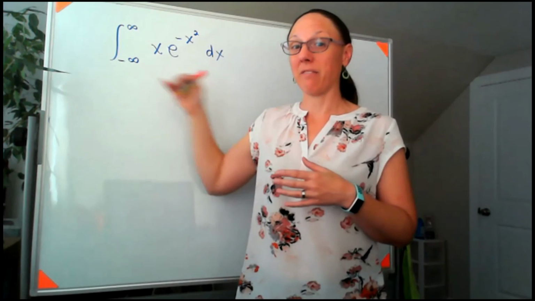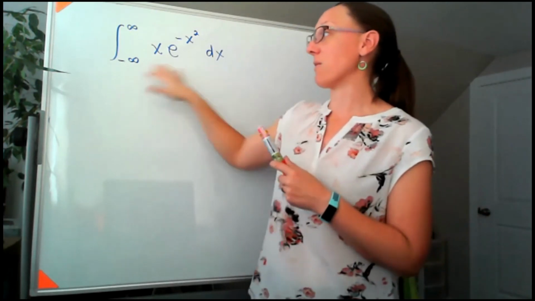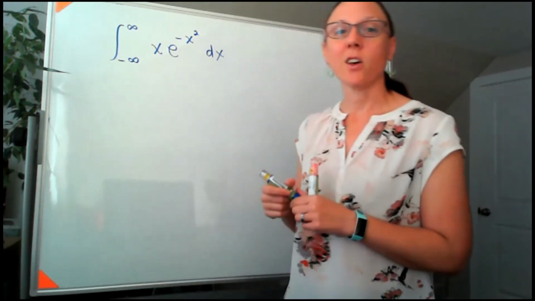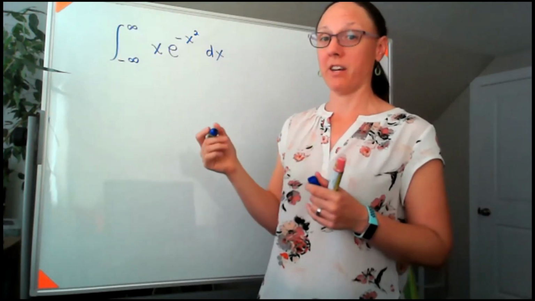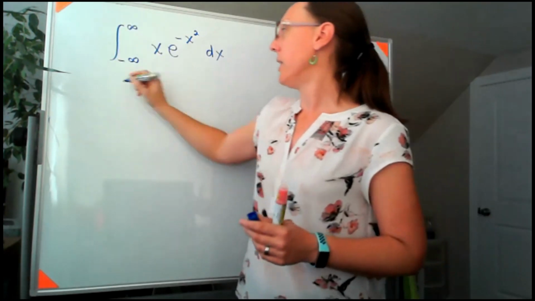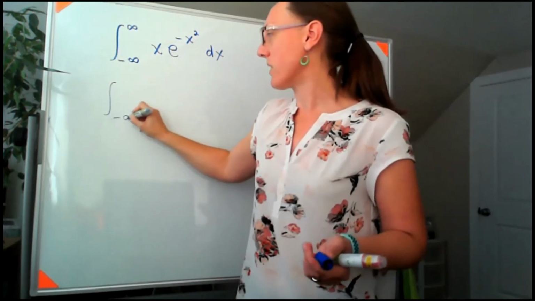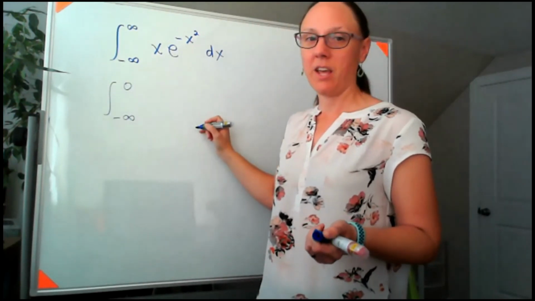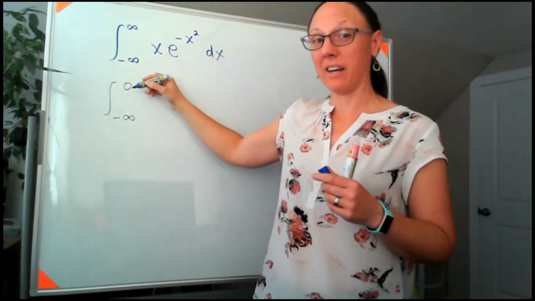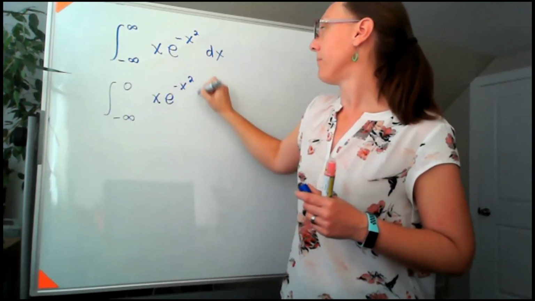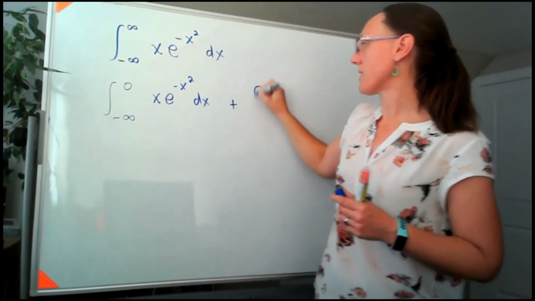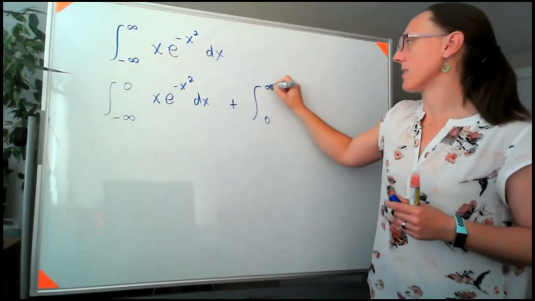So instead, we have to use the property of integrals that allows us to break this up. We can pick any number between negative infinity and infinity, but usually we're going to choose 0. And I'm going to break this up from negative infinity to 0 plus an integral from 0 to positive infinity.